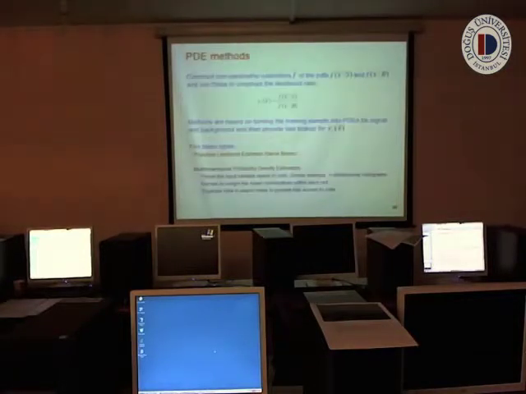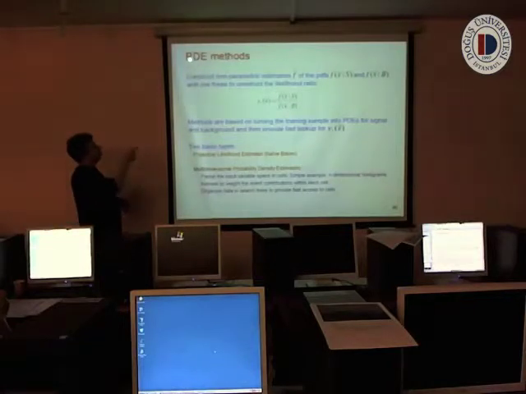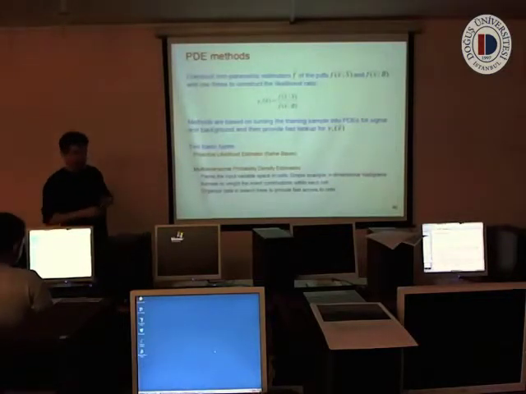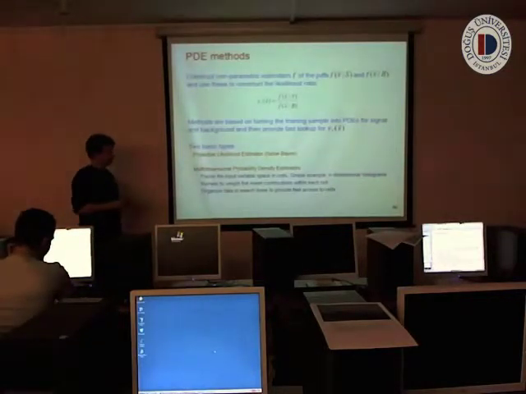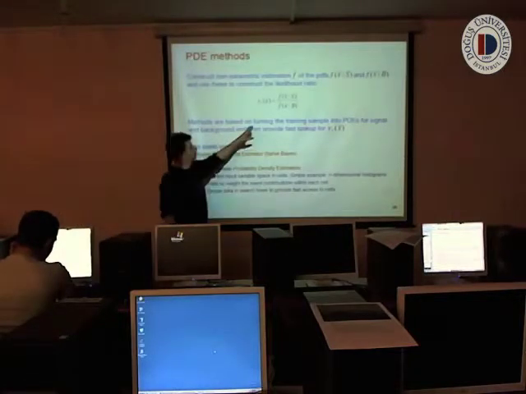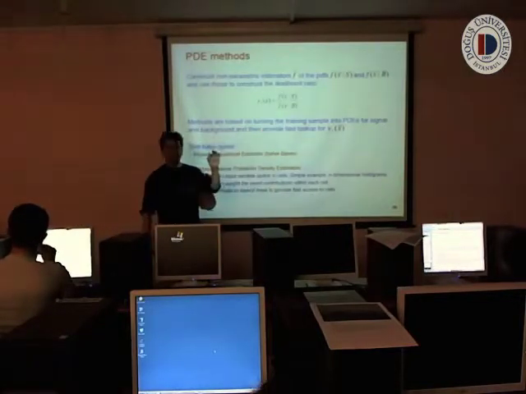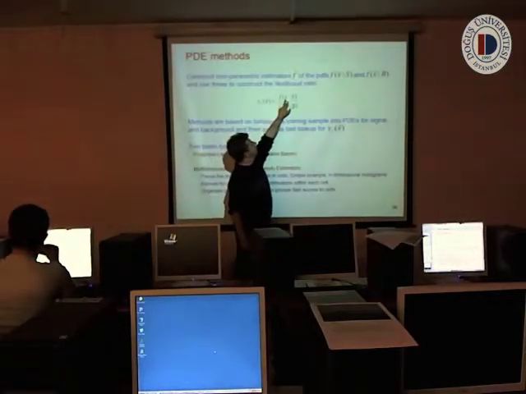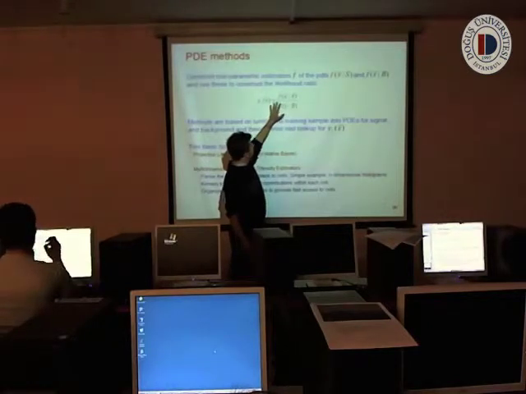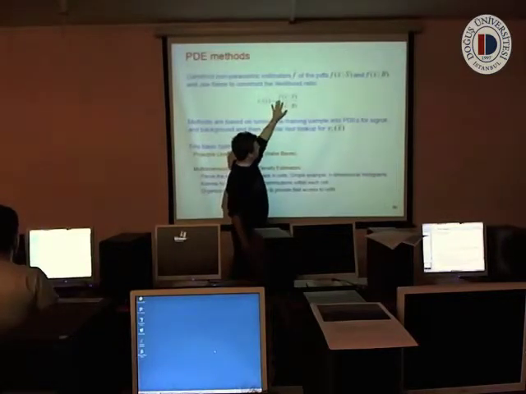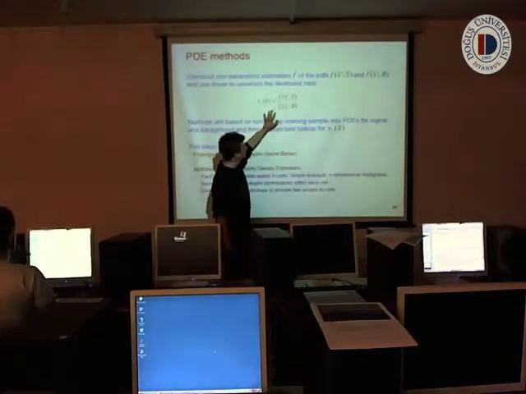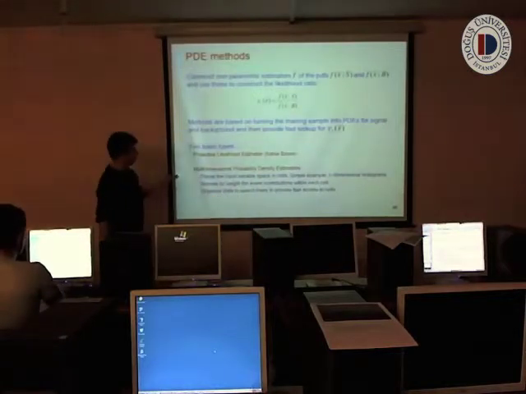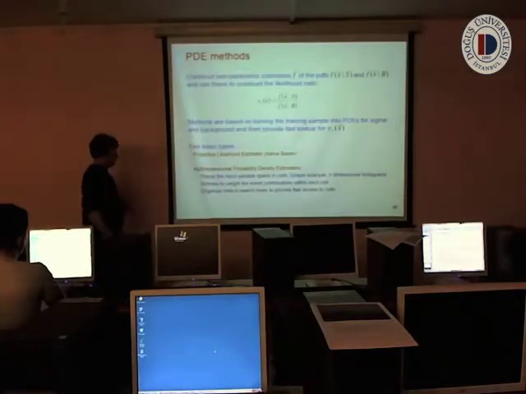So in principle, there are two very different methods. One is called the PDE method, and these methods rely on being able to tell you, for a certain event X that you measured, how likely it is to be signal, what the PDF is for signal and what it is for background, and then you can make a judgment based on that.